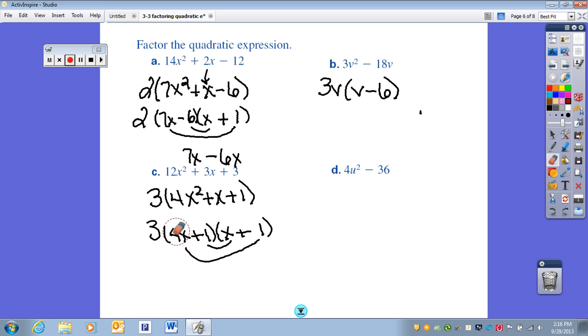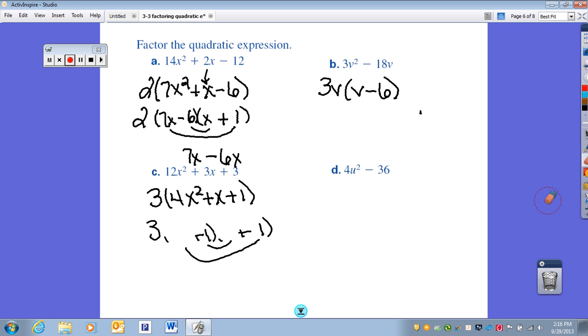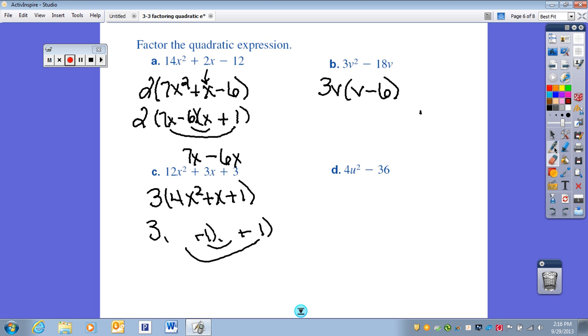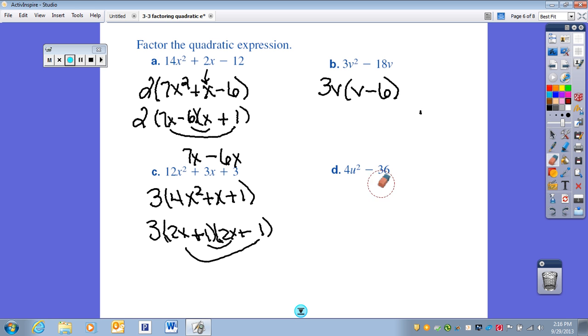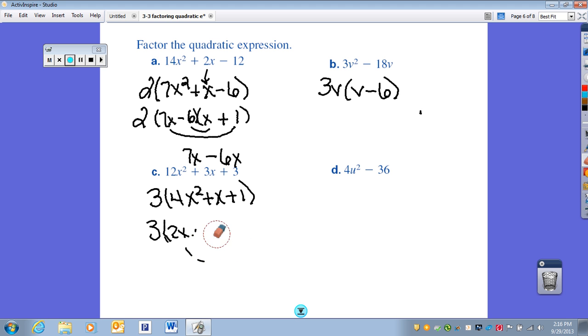So would it make a difference if I changed my 4x squared to have factors of 2x and 2x instead of 4x and 1x? It still is going to be plus 1 for each of them for the last term. So now I have a 2x and a 2x if I do my outside and my inside terms, and when I add those together I get 4x, but I want my middle term to have a sum of 1x.